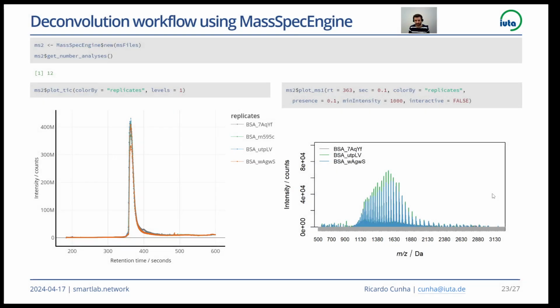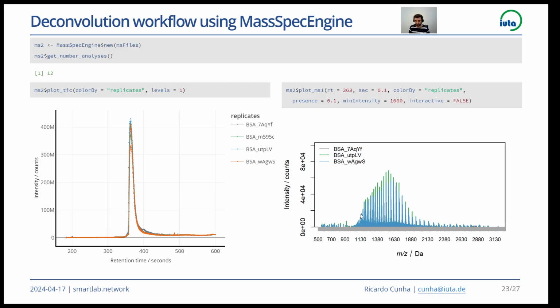Going further and also focusing on mass spectrometry, but with a completely different approach, is the workflow implemented for the deconvolution of large molecules in MS data. So here you have an example of bovine serum albumin, which is a protein, where we measured in replicate, so 12 files, in triplicate for 4 different BSA products.